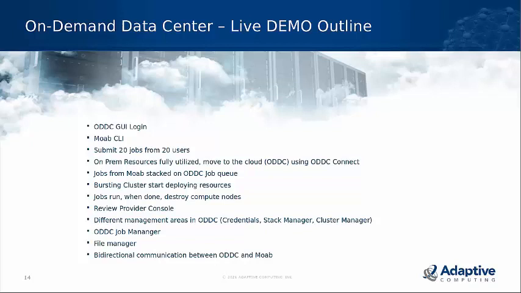Then we jump back to our on-demand data center where you'll see we start taking care of that workload. The important thing as well is there's bi-directional communication between the on-prem and the cloud environment, meaning our Moab environment is aware that even though my cluster may be in a bursting state, it won't run against my wall time, as we call it, so that the jobs on the on-premise side aren't discarded afterwards, while my compute nodes are actually being deployed.